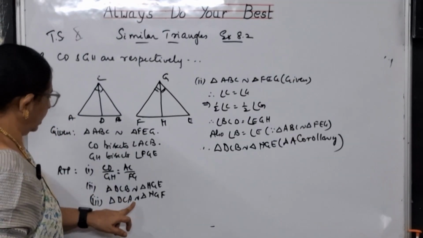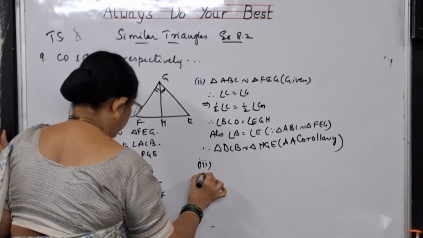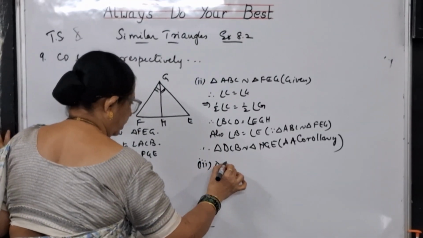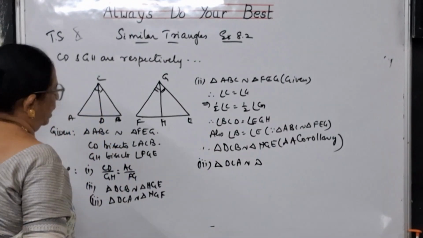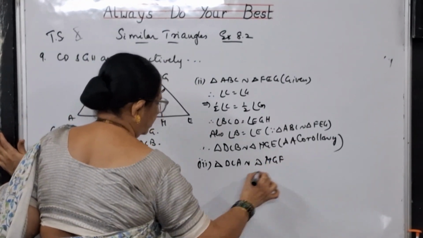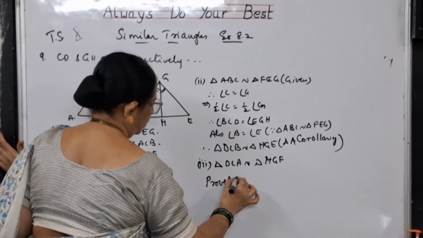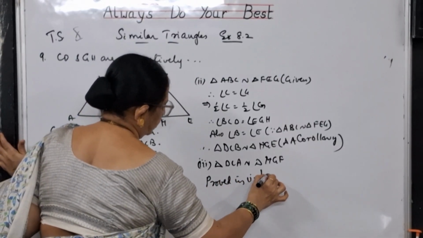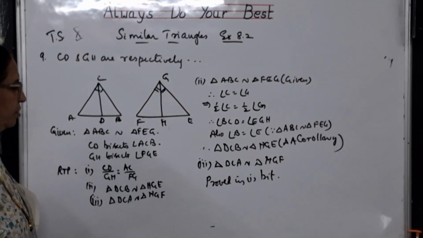And the third one, triangle DCA. You have to prove that triangle DCA is similar to triangle HGF. This you have already proved in the first bit, because without proving that you cannot get this.